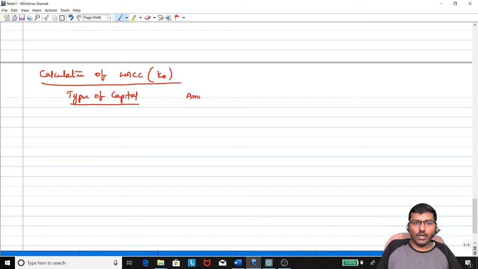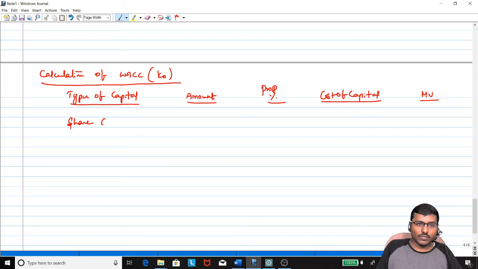Next column will be amount, percentage, that is proportion. Next, cost of capital. Last column will be multiplied value. This is the way we used to do, right? Types of capital: share capital, reserves and surplus, long term debt. Correct only na?